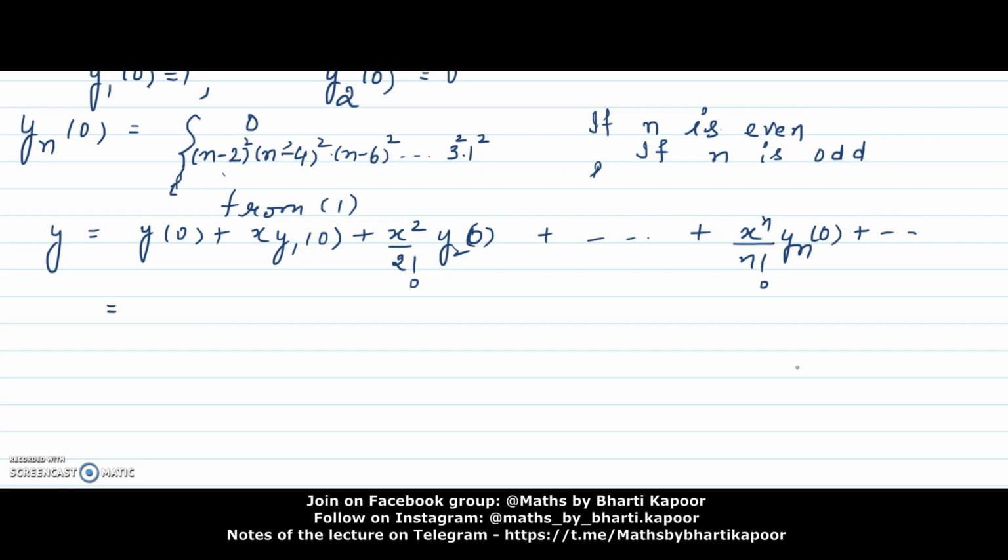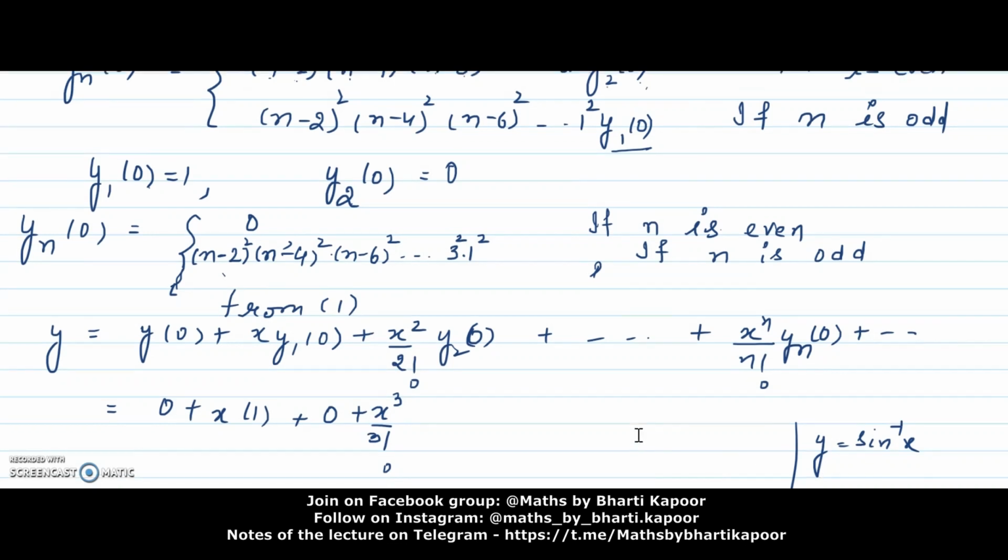What is y(0)? Because y is sine inverse x, y(0) is 0. y1(0) is 1. y2(0) is 0. And the next term will be x cube upon 3 factorial, so we will multiply this by y3(0).